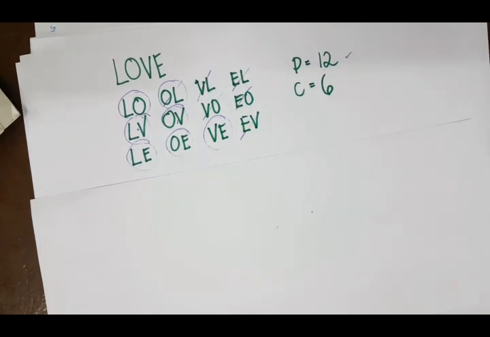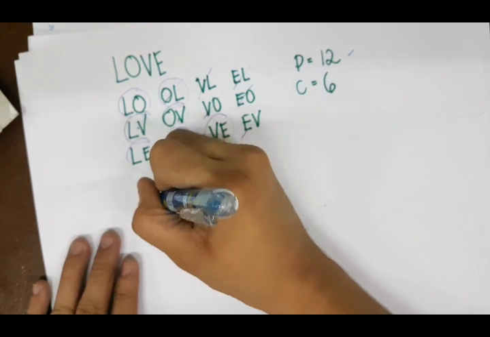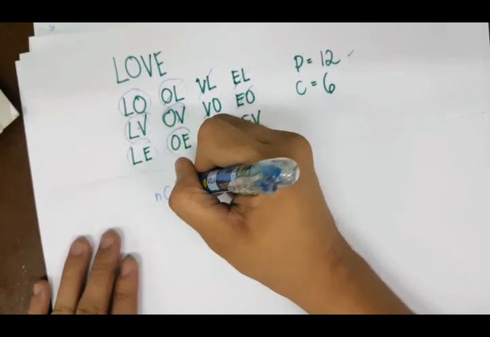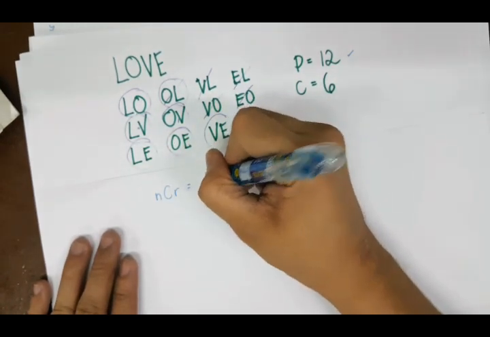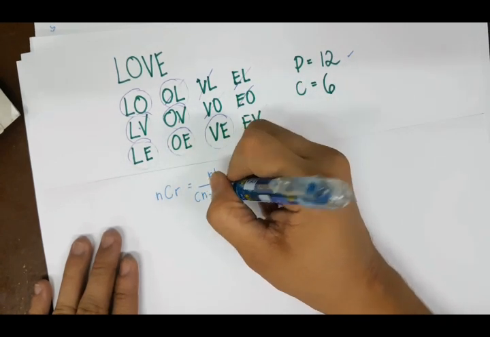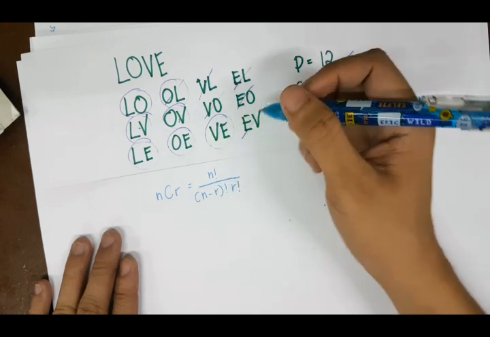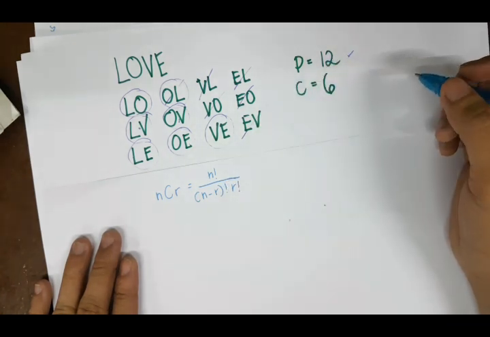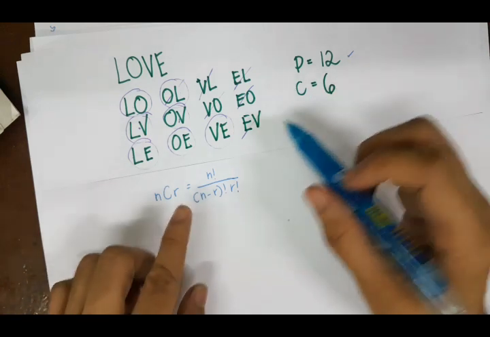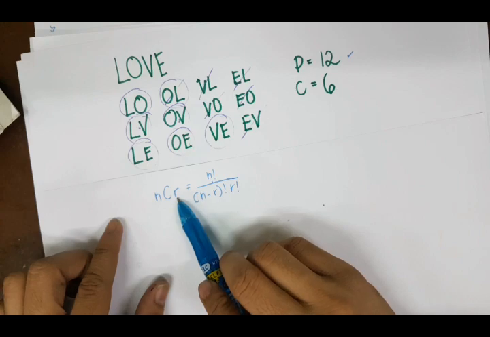Next, how can we compute for the combination? For combination, we have this formula: nCr is equal to n factorial over n minus r factorial times r factorial, where n is the total number of objects and r is the number of objects to be taken at a time.